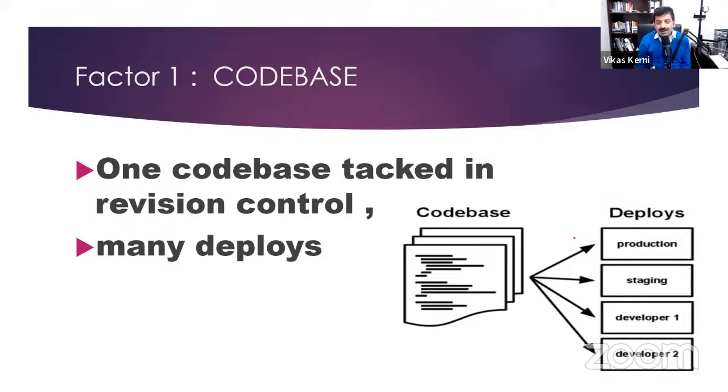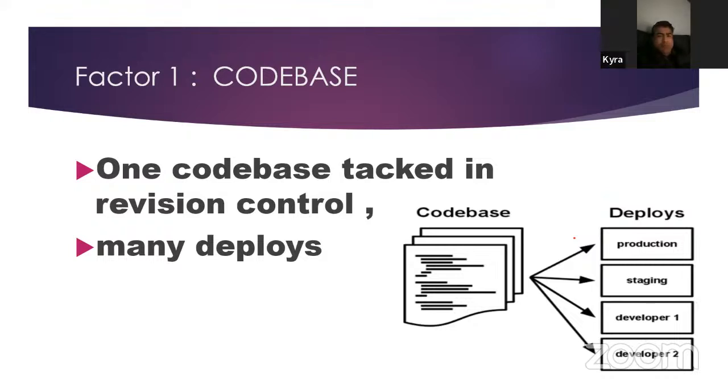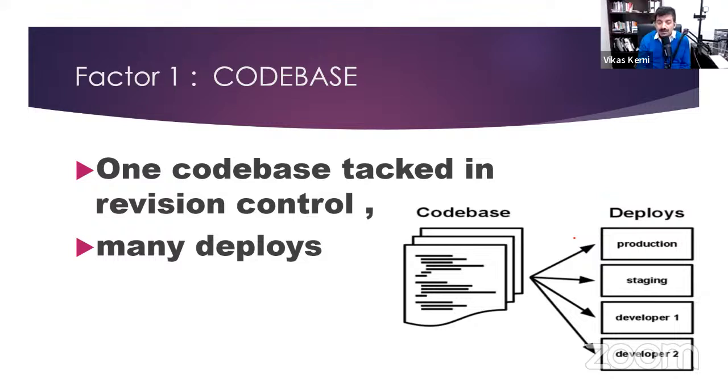Second, it says that if your application is using 3 repositories, that is a violation of this rule. So you need to have 3 applications and 3 repositories. Another thing it says, if your application is using some shared repository, that is also a violation.